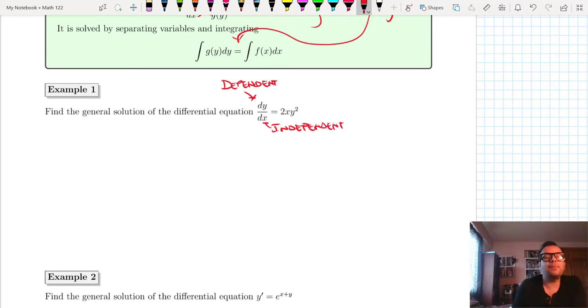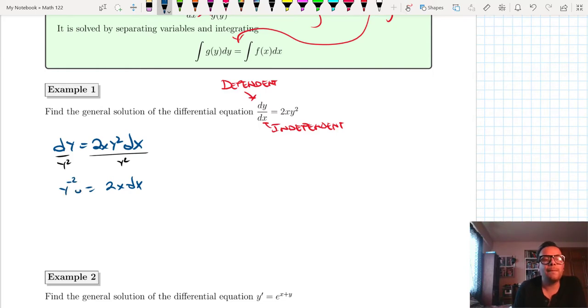So I'm going to multiply both sides by dx to get the following: dy equals 2x y squared dx. In this case, I'm going to divide both sides by y squared, and that's going to separate the variables. So I'm going to be left with 2x dx and dy over y squared, which is the same as y to the negative 2 dy.